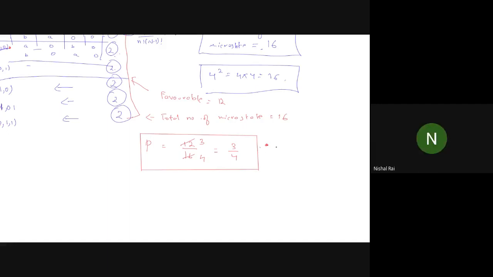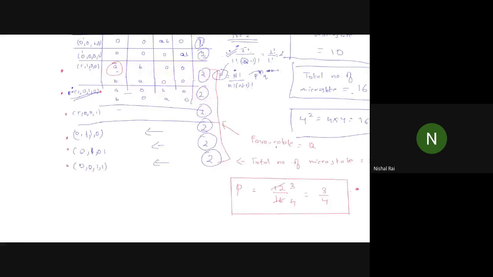Yes, sir. Now you can also do this in this manner. Do you remember the probability where we have done mutually exclusive, those kinds of things? Now the probability of whatever I have asked you is either the particle could be in this macrostate or this macrostate or this macrostate or this macrostate or this macrostate or this macrostate. Isn't it? Yes or no? Because this is also possible. So the particle could be in this macrostate, that is also favorable. So what do you do? You sum up all the probabilities relating to that.